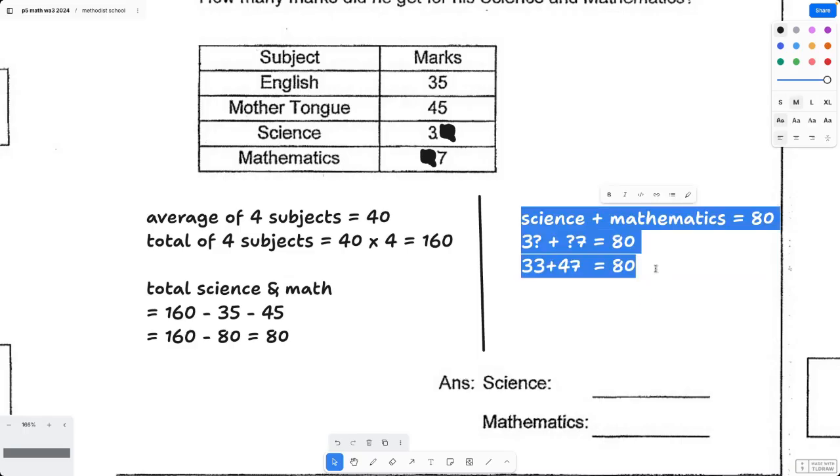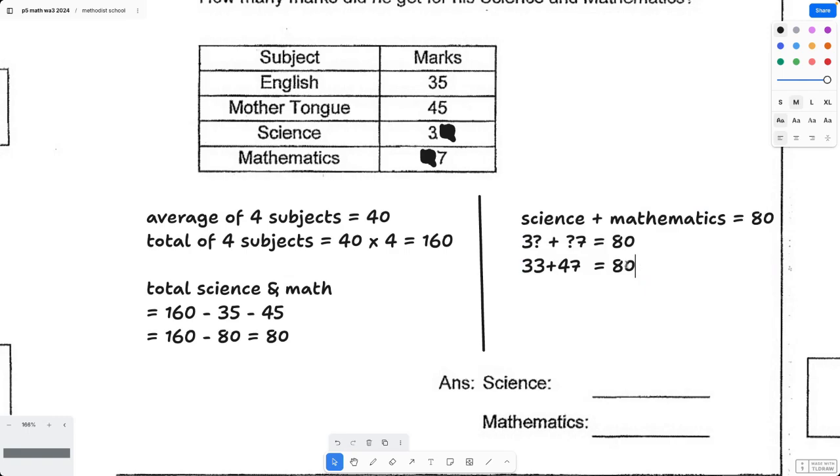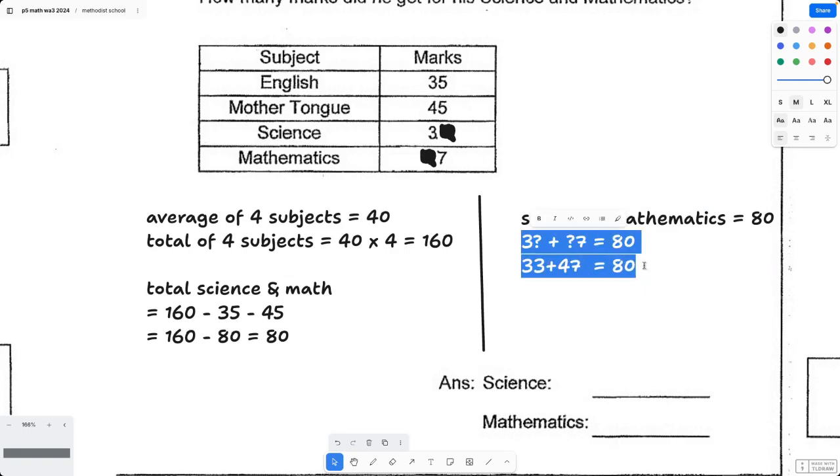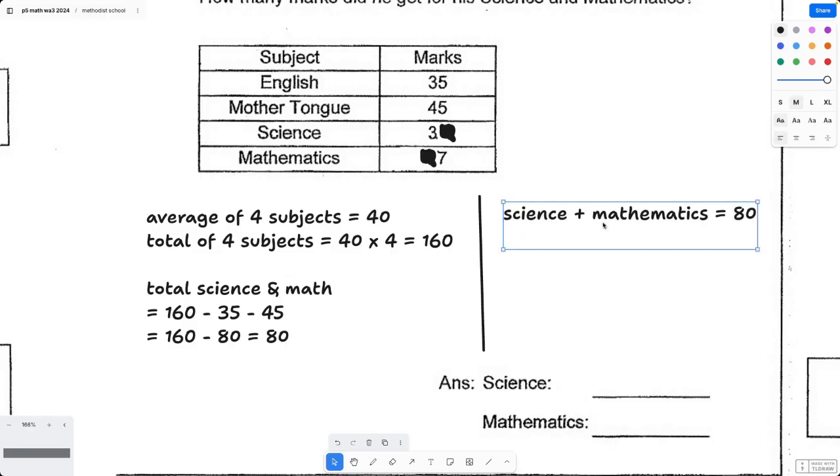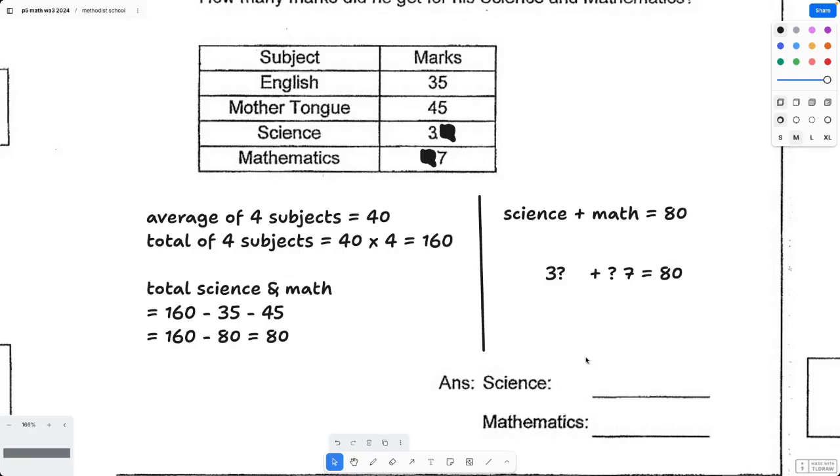Let me make it a little easier to see. Science and mathematics, I'll just put math. So science is 3 something plus something 7 equal to 80. I'm going to put it like that.